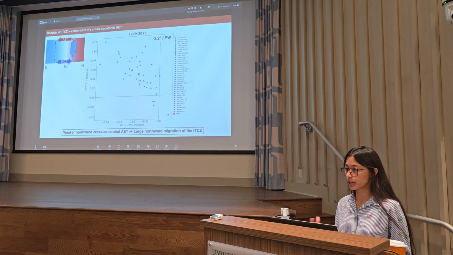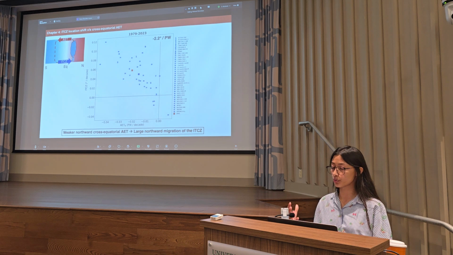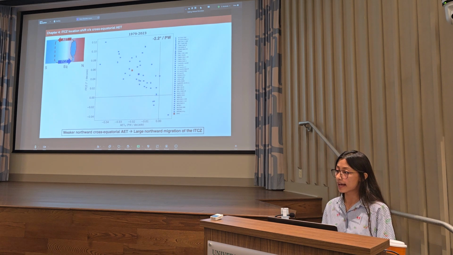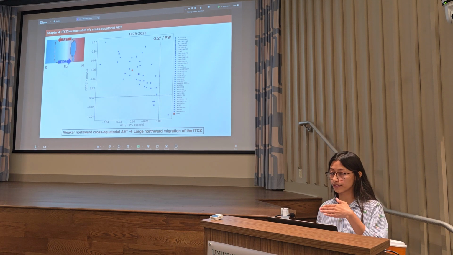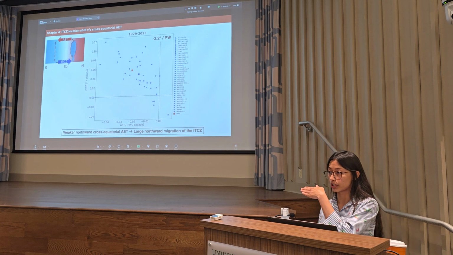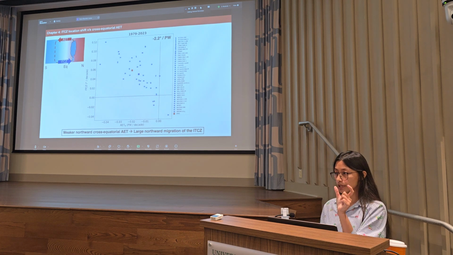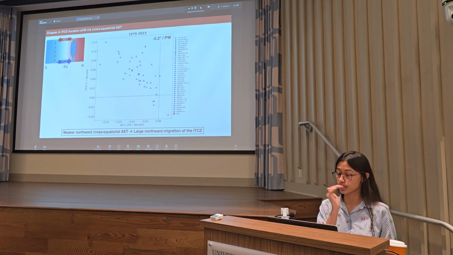And we also find a very strong correlation between this northward ITCZ migration and changes in cross-equatorial atmospheric energy transport, for which I've put a schematic here for easier interpretation. Remember that with the migration of the ITCZ further into the northern hemisphere, the northward atmospheric energy transport decreases, or gets stronger towards the south.